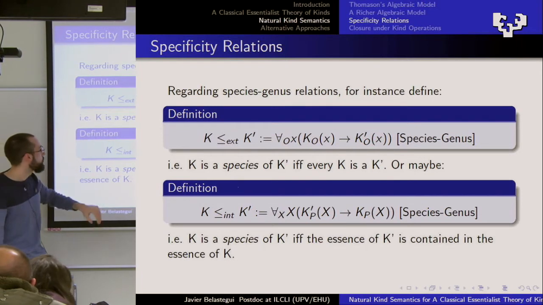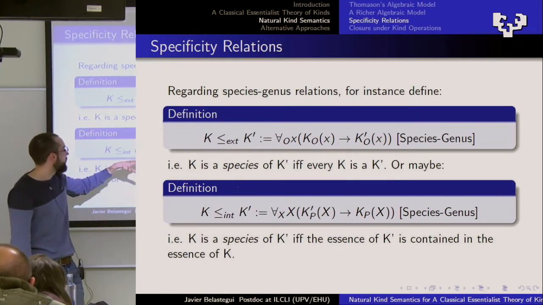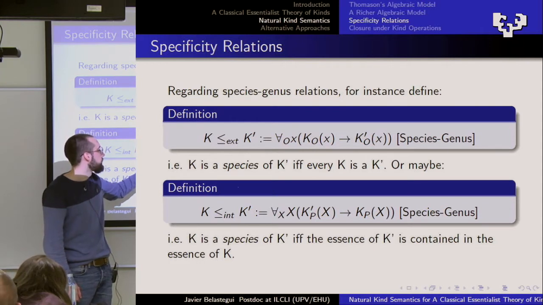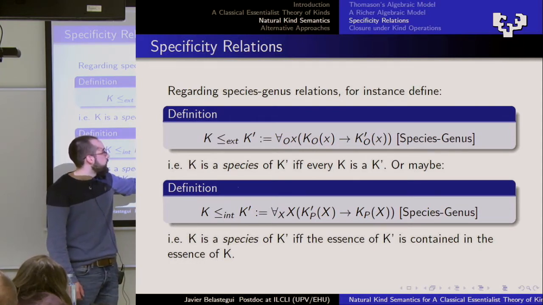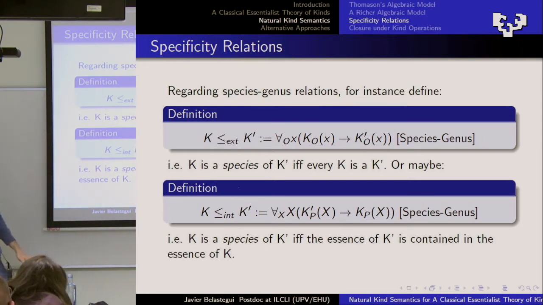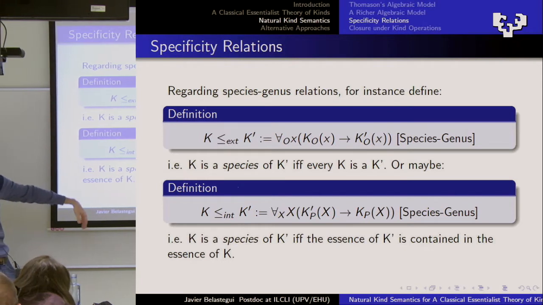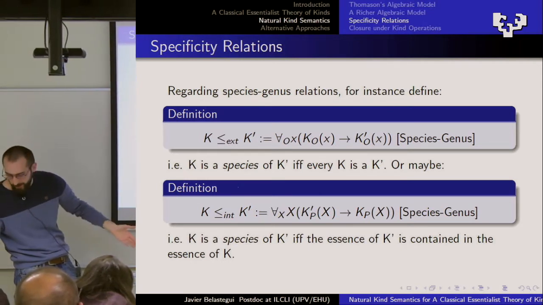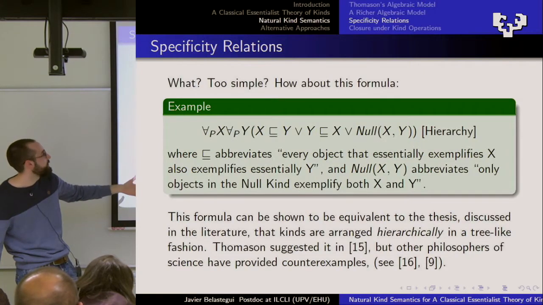Or we could say, K is a species of K prime if and only if for every property or attribute X, if it belongs to the essence of K prime, then it belongs to the essence of K. And these two are equivalent definitions. It can be proven that these are equivalent in this theory. I will go back to that now.